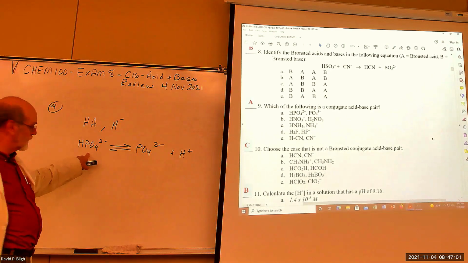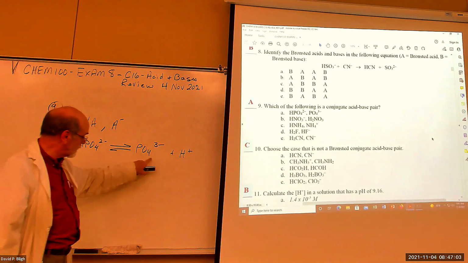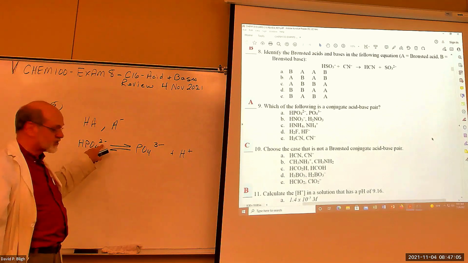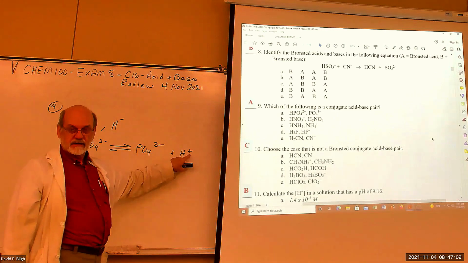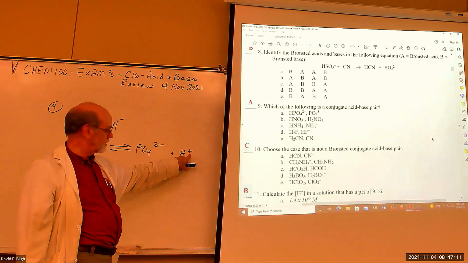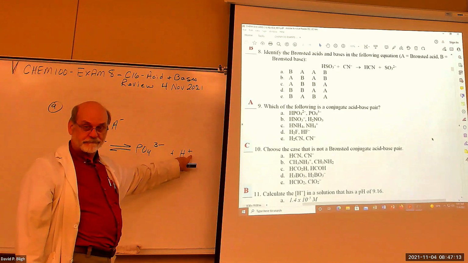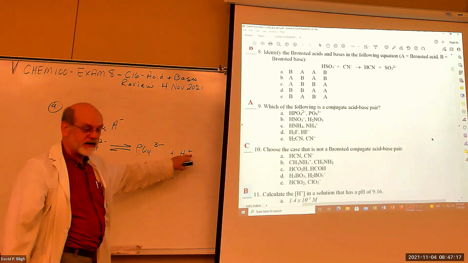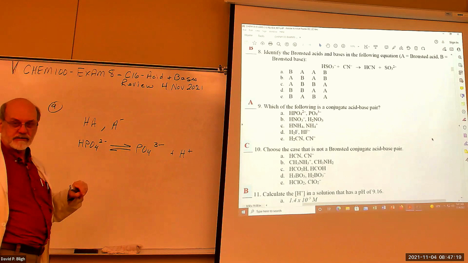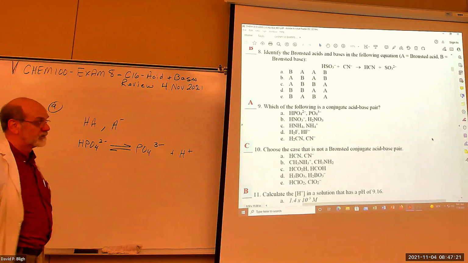Yeah. There's the A part right here and here. This one changed from a 2 minus to a 3 minus because it left those electrons behind when it became this proton. And 3 minus and a plus is 2 minus, so the charge is balanced. That's true. That's our answer.